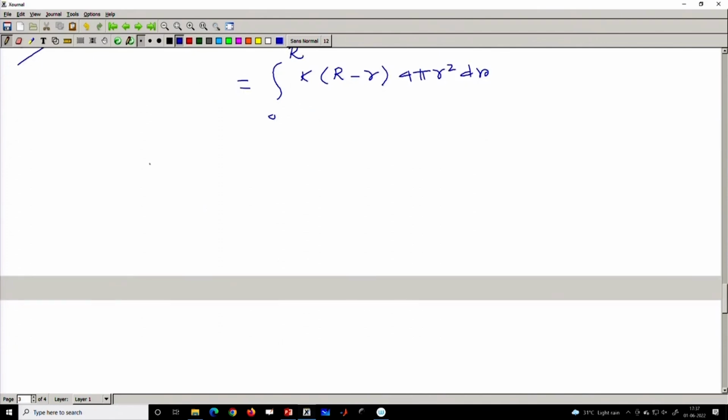So, if I integrate that, my Q should be simply 4 pi k, and then the integration in this limit is simply... let me do the integration first. R cubed divided by 3 minus r to the power 4 divided by 4, from 0 to big R, that is the limit.